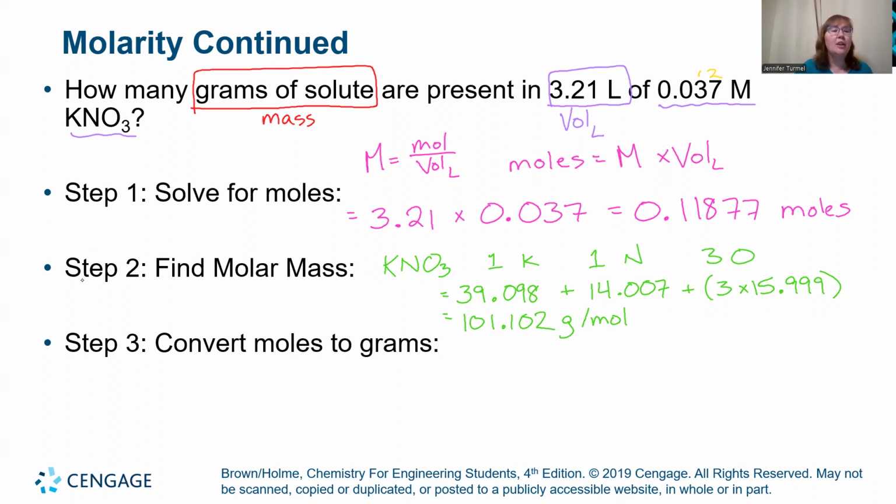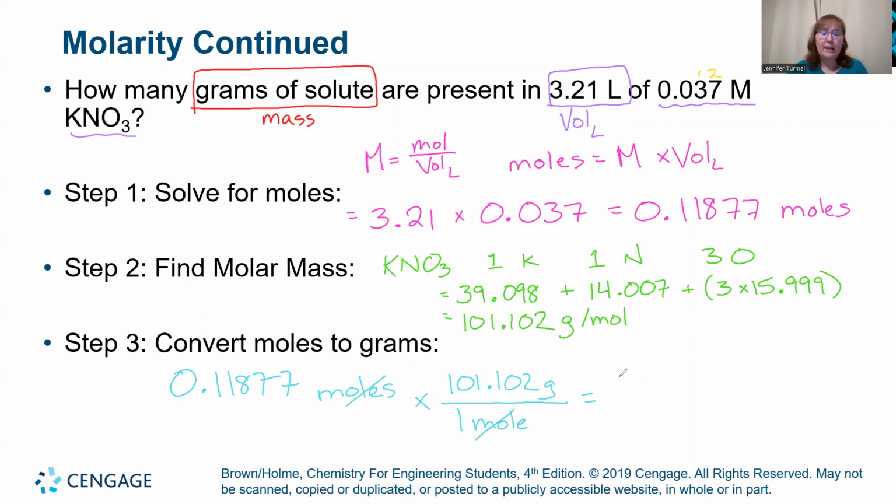Okay, so next we convert from moles to grams. We take our number of moles, 0.11877 moles, and because we're converting to grams, we multiply by 101.102 grams per every mole, so that we can cancel out those moles.